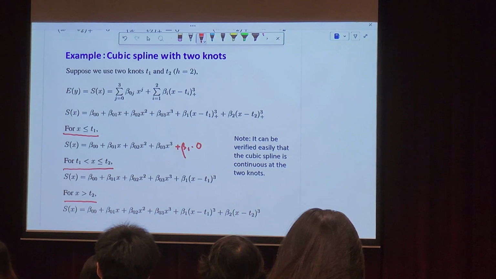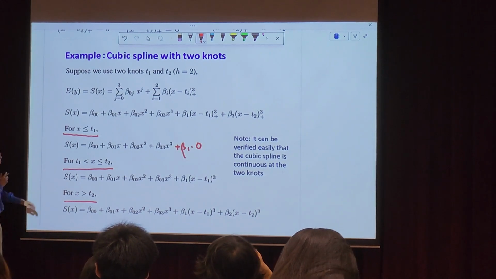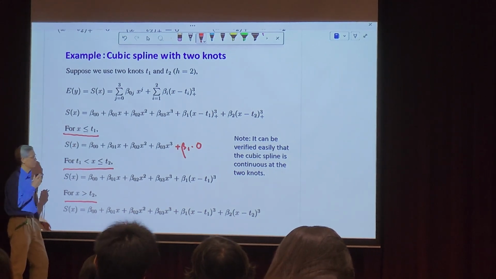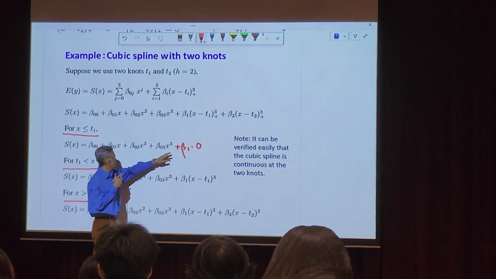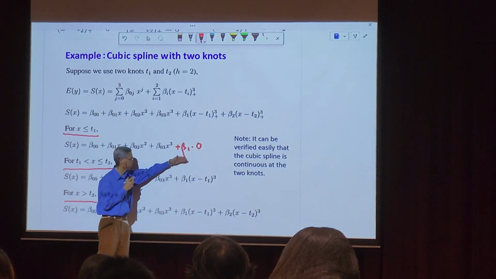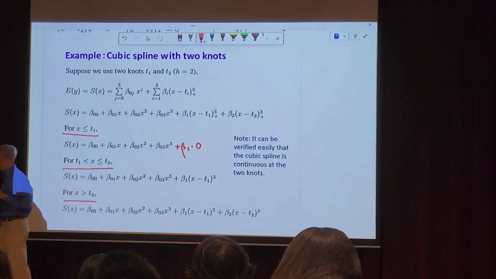That's what it is. I mean, if I want to try to combine these two models, I notice that I need a beta 1 here times 0. Okay?